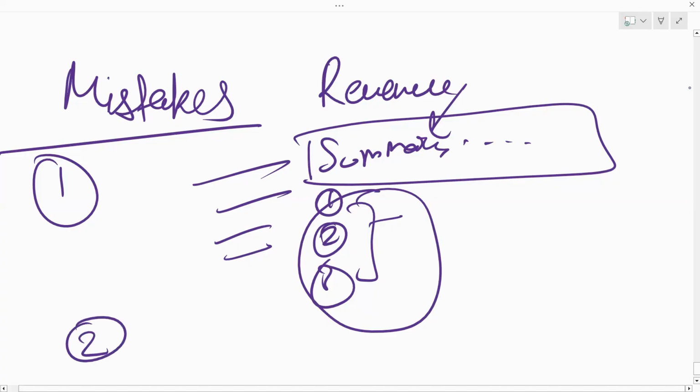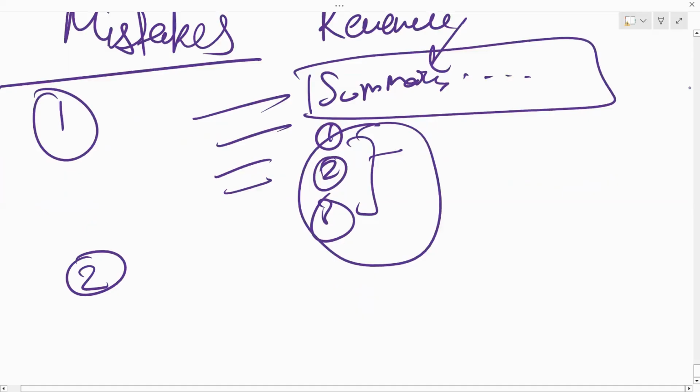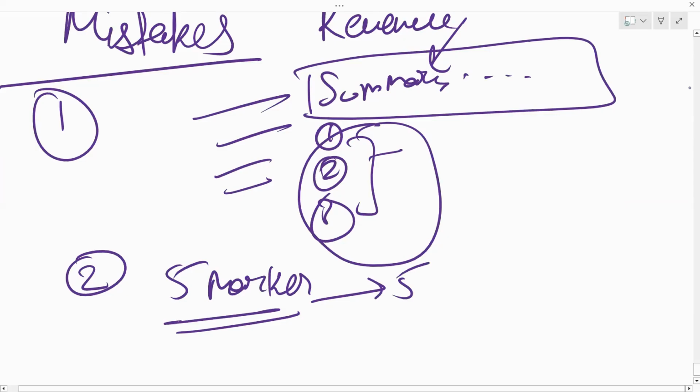Secondly, for example, if it is a 5 marker, of course you have to write at least 5 points.